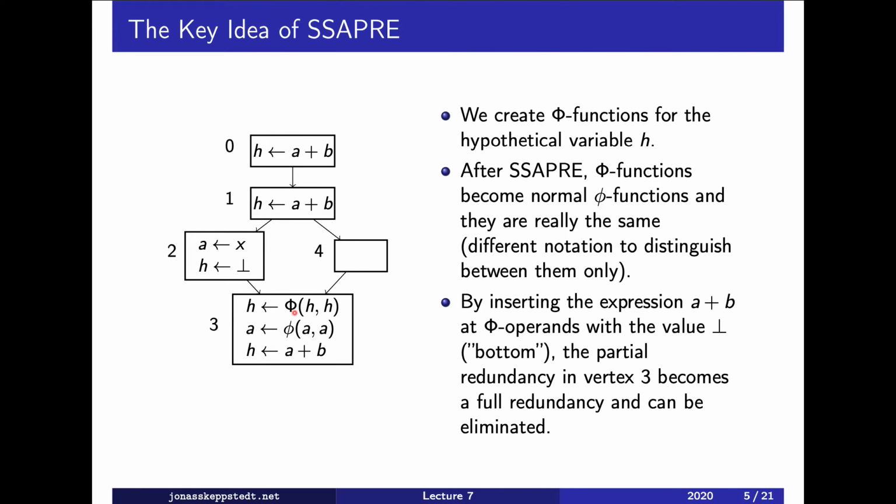And then at the end of SSAPRE, how the implementation marks this as big or normal phi function is irrelevant, but we translate these to normal phi functions. So essentially, they are really the same.